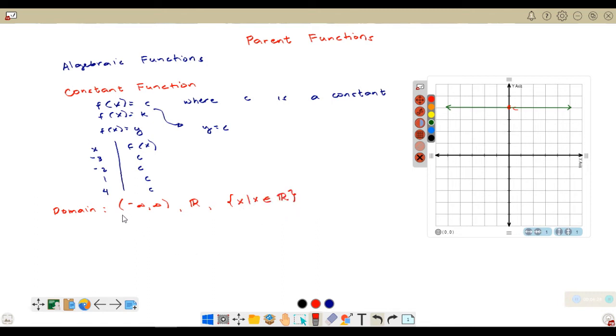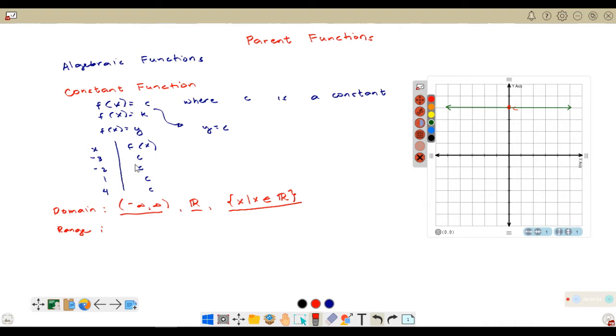So you can write it as an interval notation, as this symbol, or as a set or in set builder notation. So any value in x can be substituted for our equation, and you will always end up with the value c. Now, what will happen to the range?